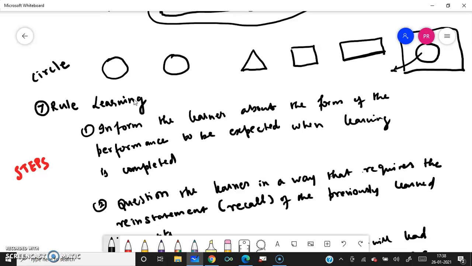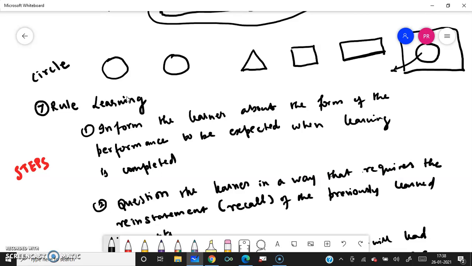Mathematics teachers need to be aware that if a child states the definition, we cannot say that the child has learned it. Okay, he has memorized it and stated it, right?